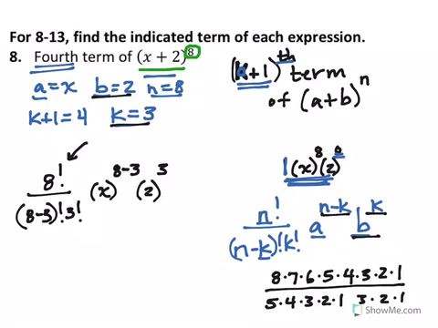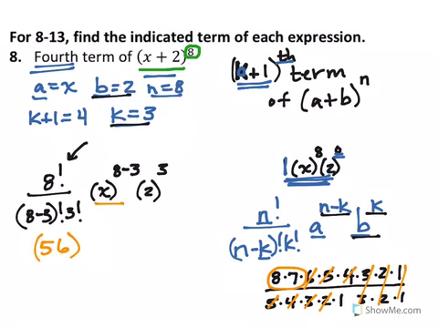Then it's just simplifying from there. 3 over 3, 2 over 2, 1 over 1, those cancel. I've got 5, I've got 4, and then 6, which is 3 times 2. I'm just left with 8 times 7 over 1, which is the same thing you get if you plug it into your calculator. So this simplifies to 56.